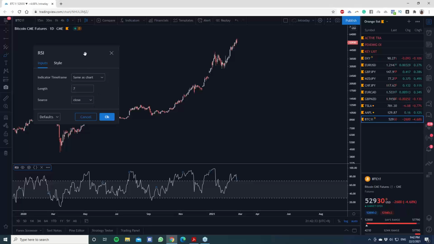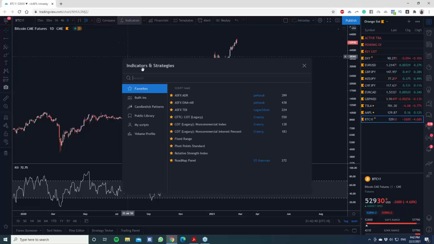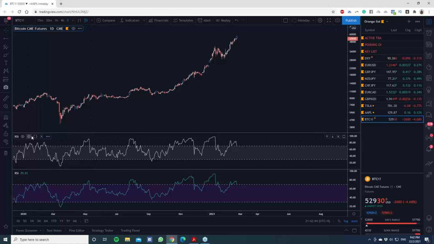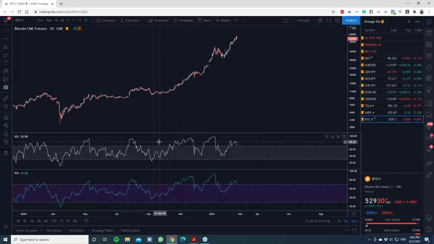So let me show you what I mean. Let me put 2 RSI, then you see it very clearly. Let me drop in another RSI. So the top one over here is a period of 7. The bottom one, I'm just going to put at 14. So you can see there's a difference, obviously a slight difference.